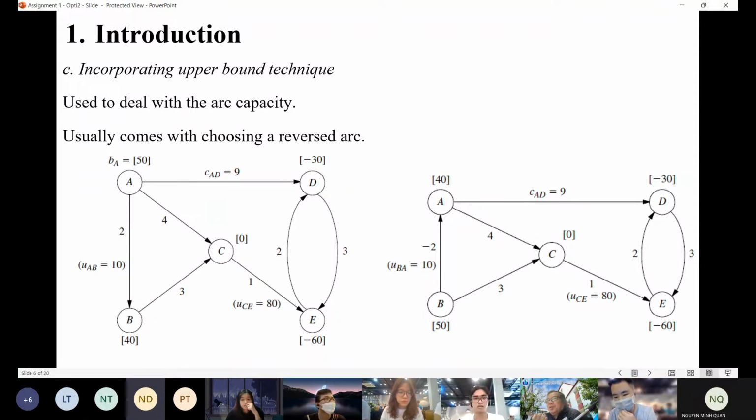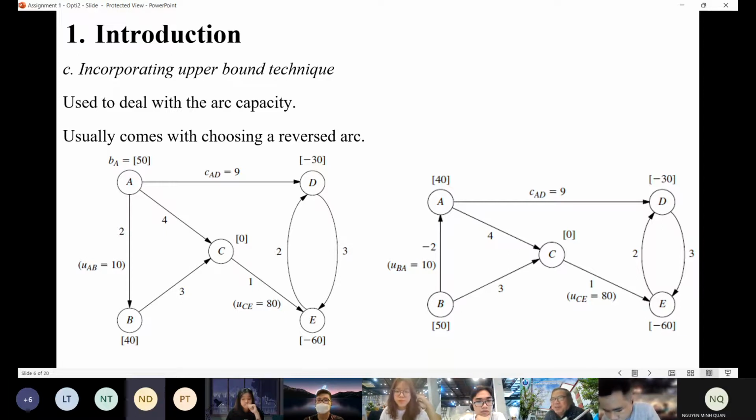At what place? Where is the difference? And you just focus on this, how to solve the problem with this. That's all. I tell you clearly, you don't need to repeat what the minimum cost flow network problem is or something. No necessary. Just the problem with the upper bound. What is the difference between this problem and the normal problem in the lecture notes? And how can we solve it? That's all.